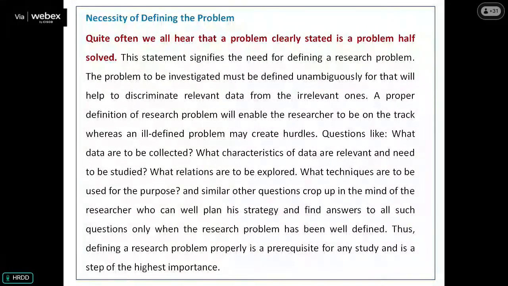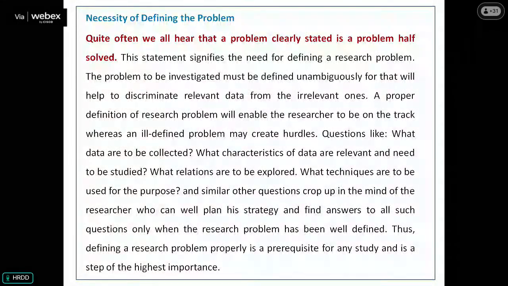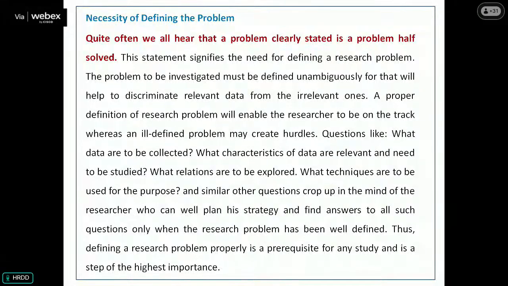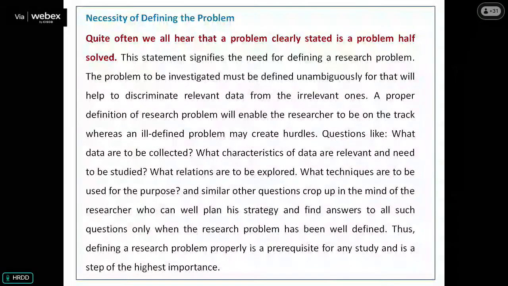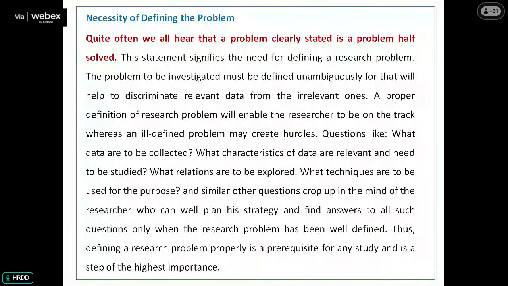If you don't define spinels, okay, then you just mention metal oxides. At least you mention it in the title, but during your investigation, you concentrate on one type of metal oxide and related things. So this is what: what data are to be collected, what characteristics of data are relevant and need to be studied, what relations are to be explored, what techniques are to be used. So it should be clear.